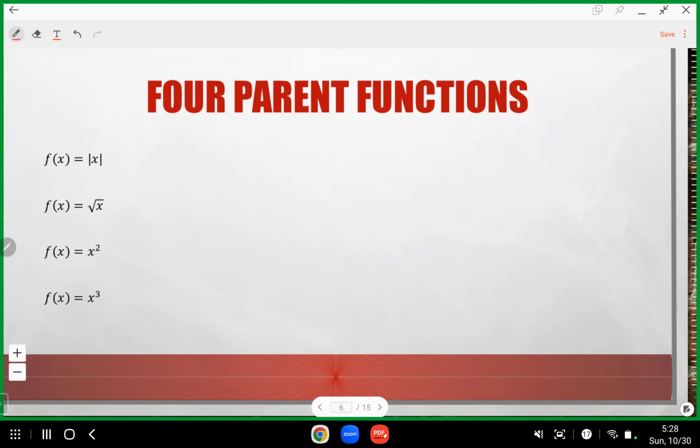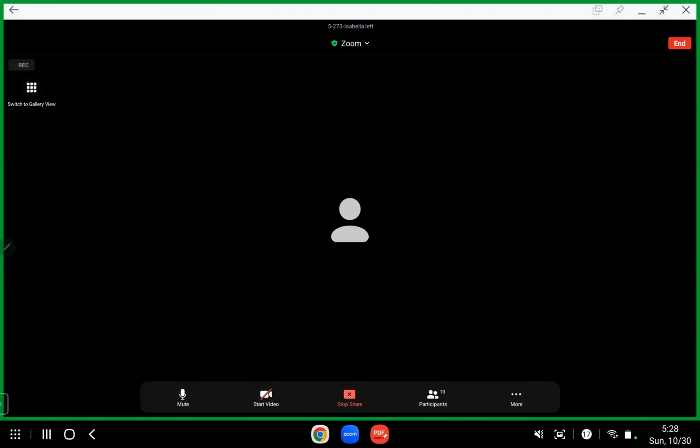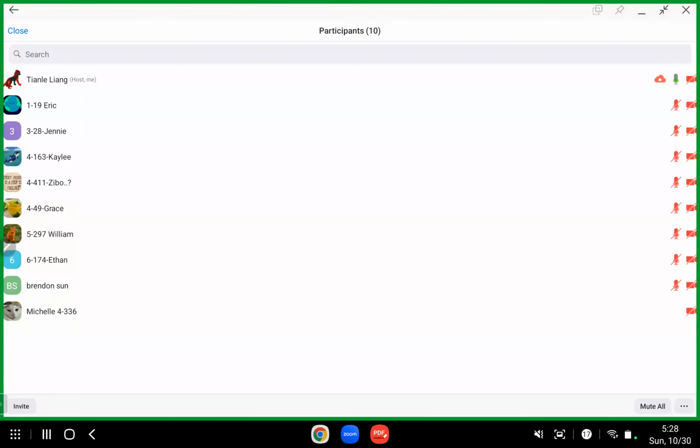Now let's learn about the 4 parent functions and keep domain and range in mind. Let's try to graph these with a table of values. I'm going to call up some volunteers. How about Kaylee?